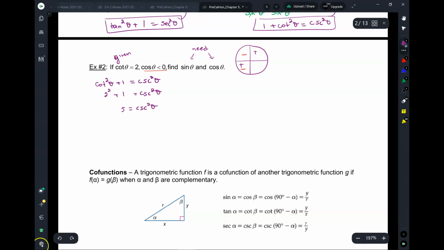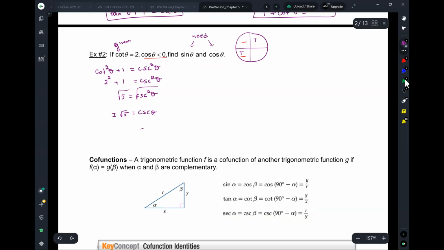So go ahead and find cosecant of theta. Take a square root, take a square root. So cosecant of theta is plus or minus root 5. So what's sine of theta? Plus or minus 1 over root 5. But now, what quadrant are we in?